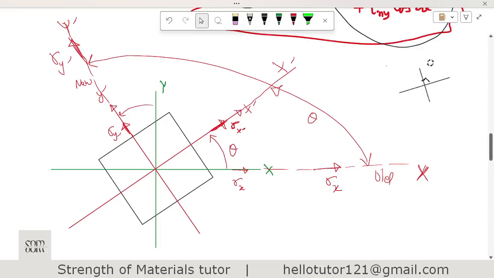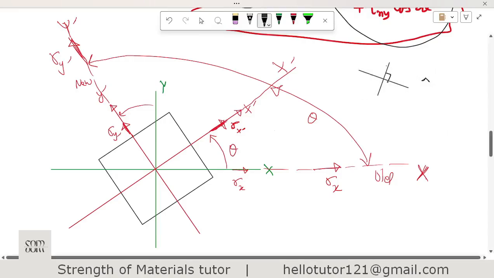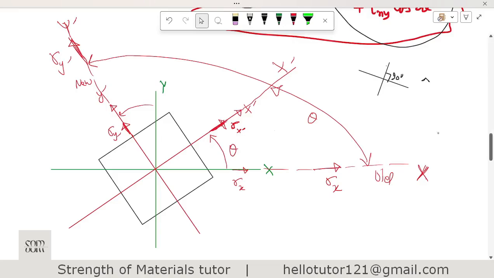If it was like this, again the angle between them is 90 degrees, because x dash and y dash are the same coordinate system, so the angle is always 90.